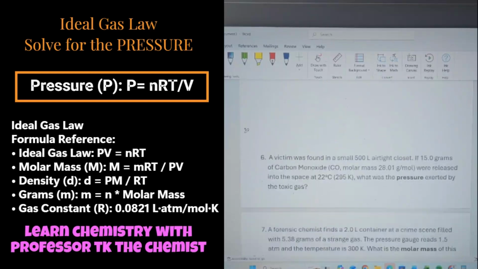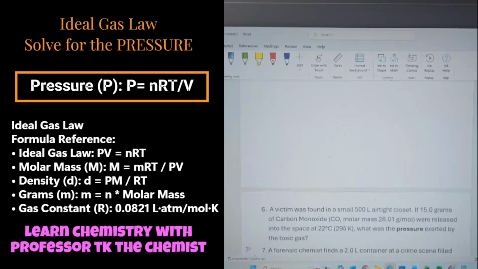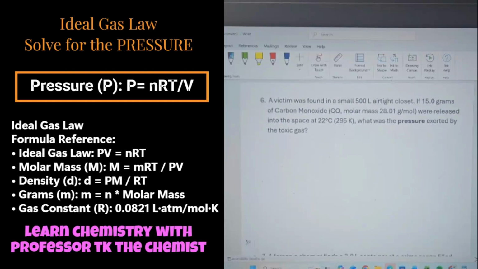Now we are on pressure. Okay, so since we are solving for pressure, we already know we're going to use the regular ideal gas law, meaning PV equals nRT. But since we're looking for pressure, pressure is equal to nRT divided by volume.